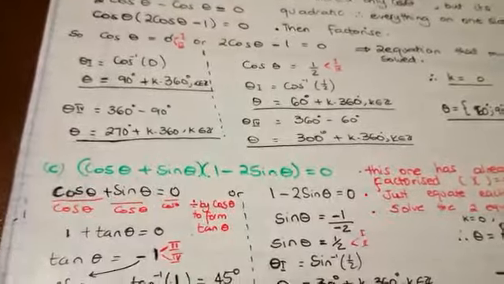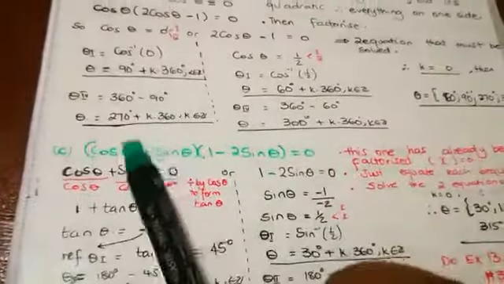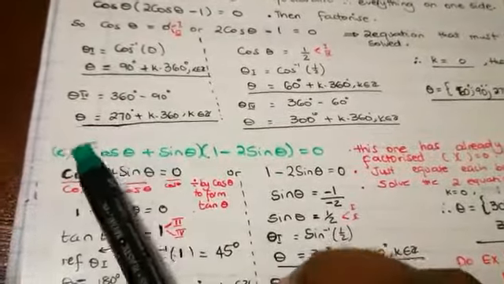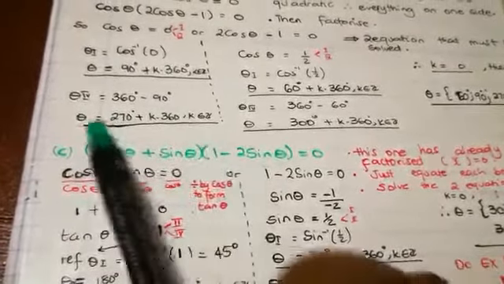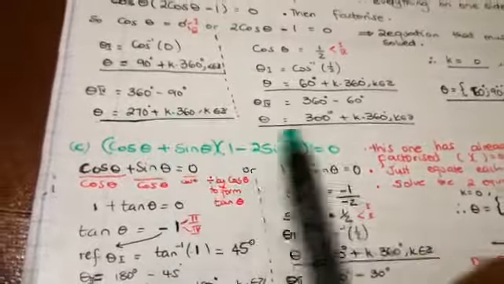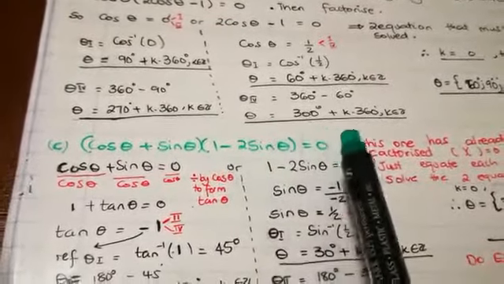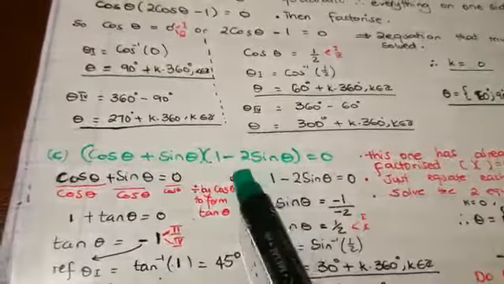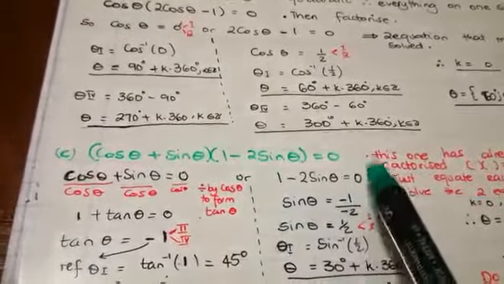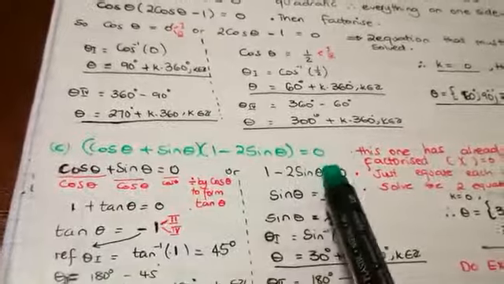If you do that, you're going to complicate things for yourself. So it's already sitting in a bracket, so all you do is say this bracket equals 0 or this bracket equals 0. So we've got that equal to 0 and this equal to 0, and then again you've got two equations that you must solve.